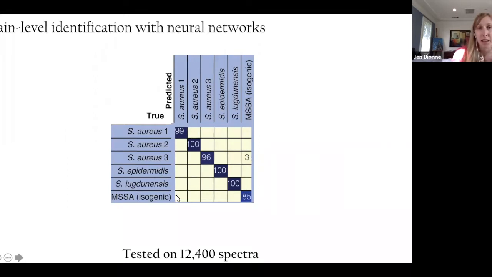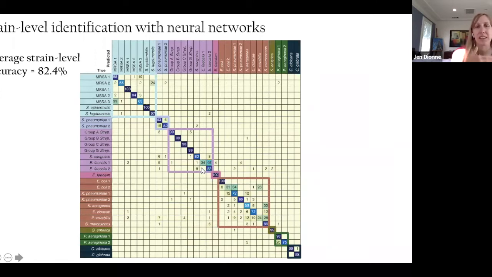Staph epidermidis and Staph lugdunensis do quite well. These are averaged over a few hundred trials, and it always gets those spectra correct. Then we can look at the full confusion matrix, the matrix that describes classification accuracy of spectra that the algorithm has not seen before and what it predicts them to be.